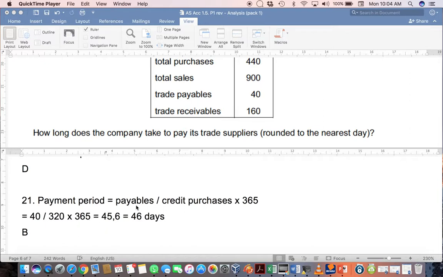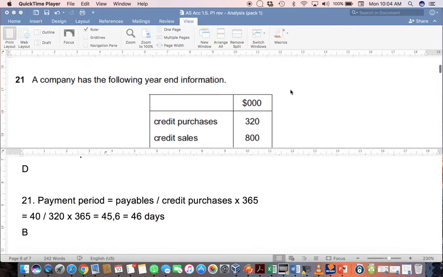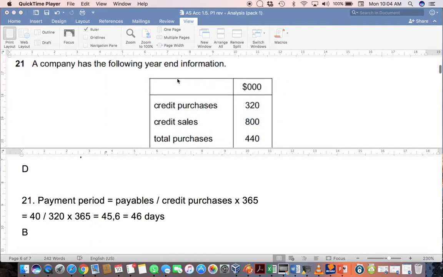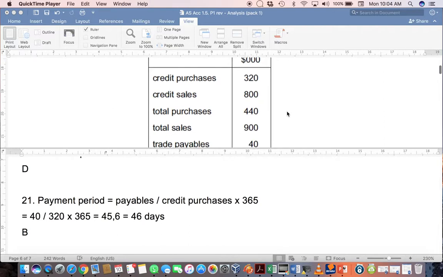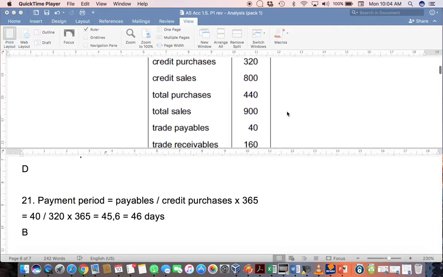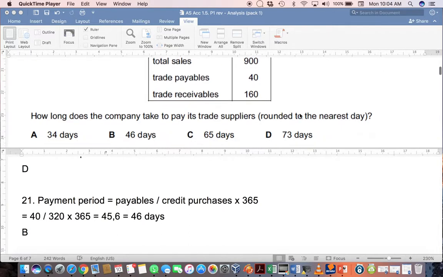And obviously if we bought on credit, cash purchases don't relate. We are only looking at the credit purchases. And then we will times it by 365 in this case, because we're assuming that these figures are given for the whole financial year. It tells us that this is year-end information. So the period that we are looking at is one full year, and we want it rounded to the nearest day. Because there are 365 days in the year, we will therefore times it by 365.